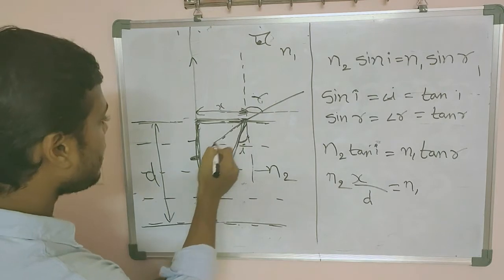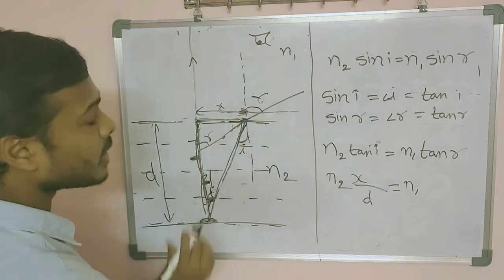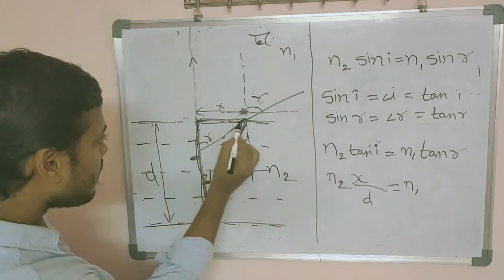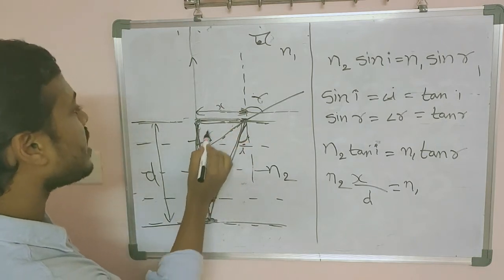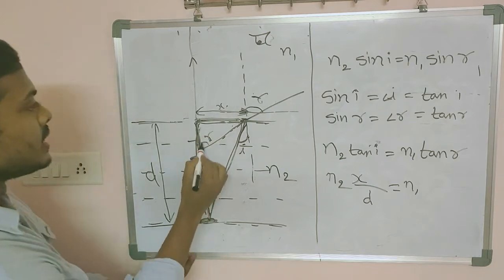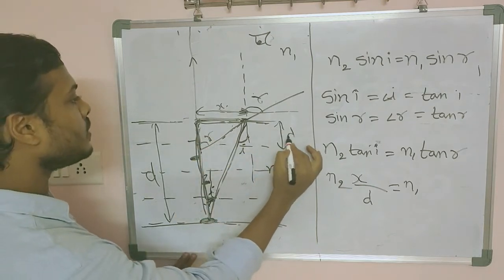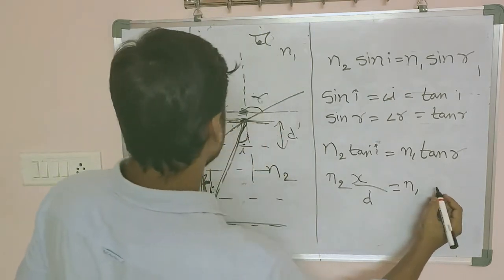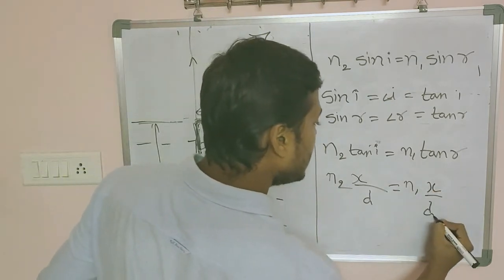What is tan r? Here it is r. I have already shown you in the diagram. So what is tan r? Perpendicular by base. Tan r is equal to x by, this is nothing but the apparent depth. I have already told you this. So tan r is equal to x by d dash.